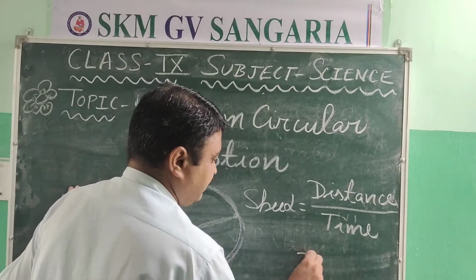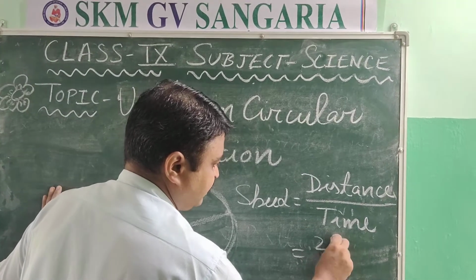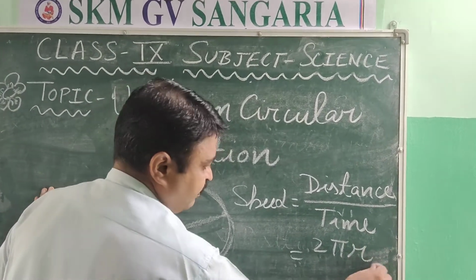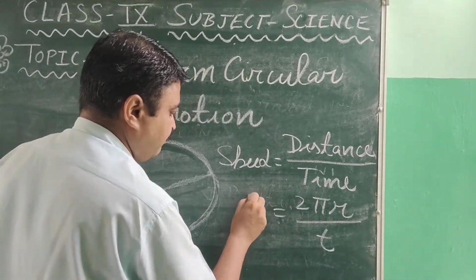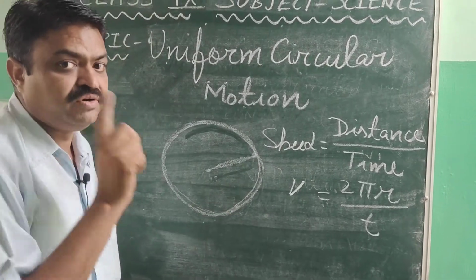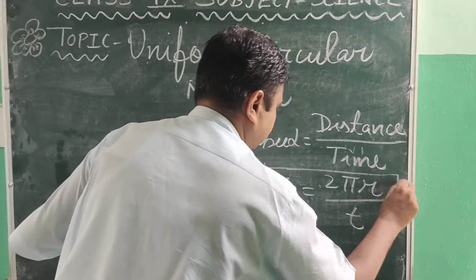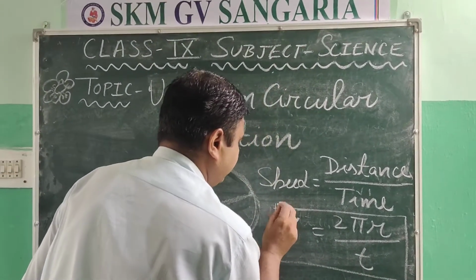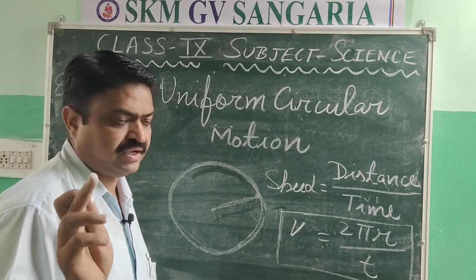That's why in the place of distance, what can we take? We can take 2 pi r, and for the time we can take t. So it is the formula of the speed in the case of uniform circular motion. So you will learn it. And the speed unit is the same, that is meter per second.